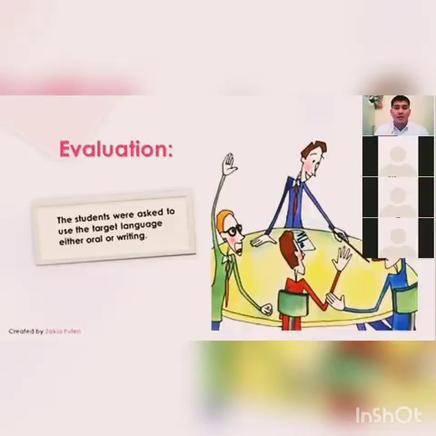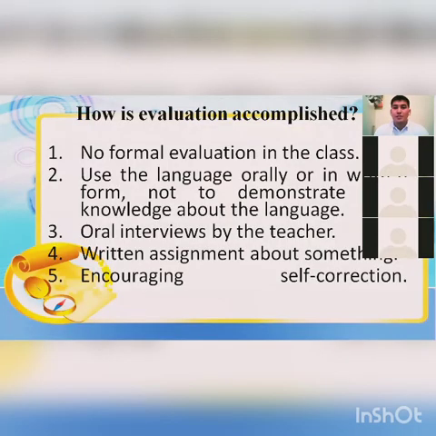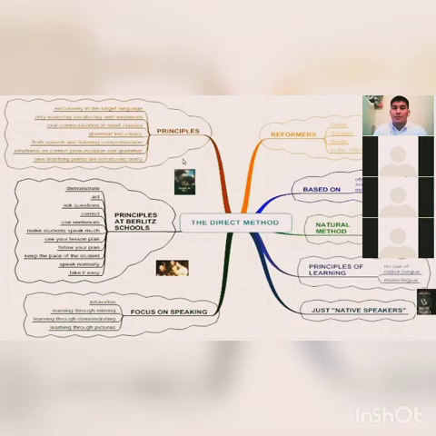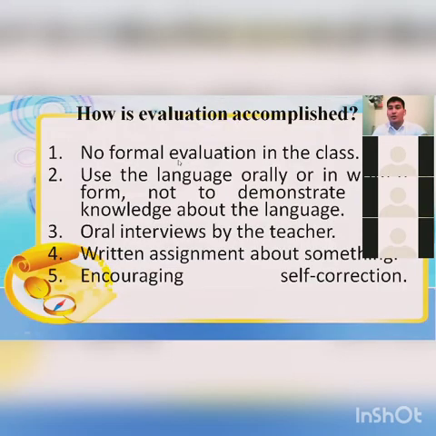So when we come to evaluation, how is evaluation accomplished in the direct method? Here we have no formal evaluation in the class. It means we're not going to say to the students that you have 2 or you have 3, or maybe you have C, or B, or A. We just can tell them you are good, good job, wonderful, great, and so on.